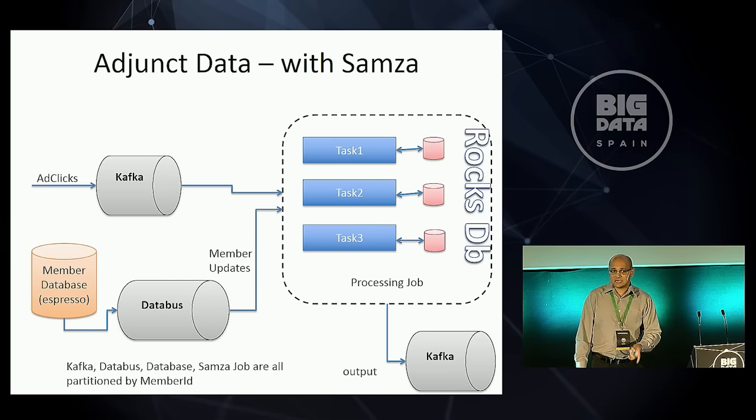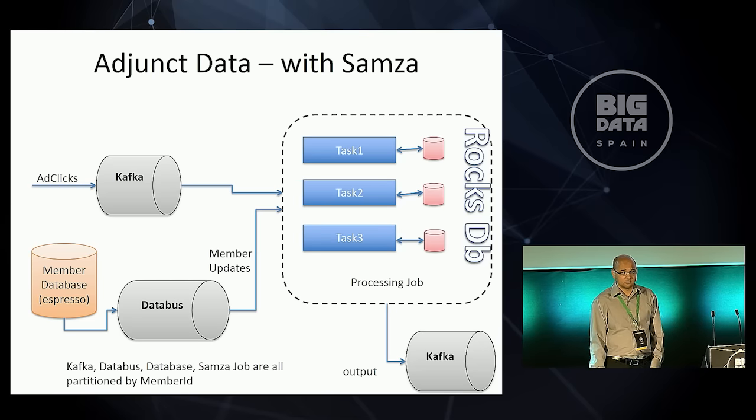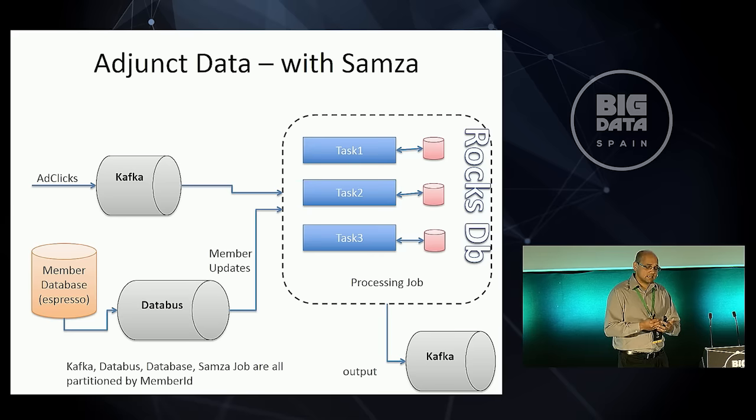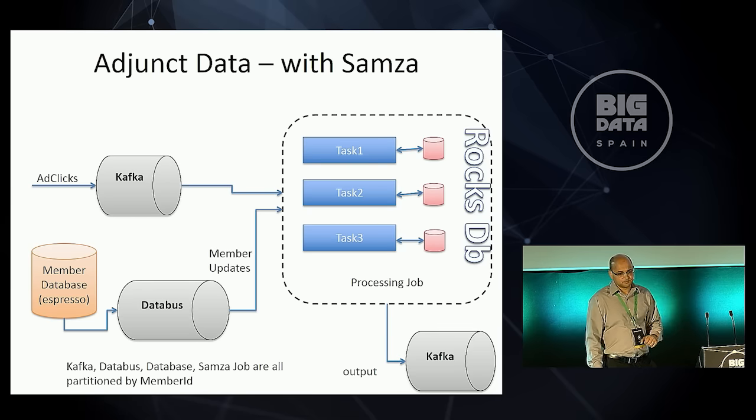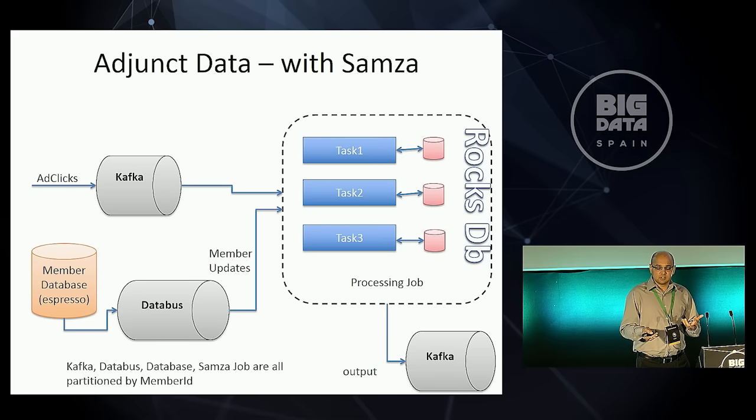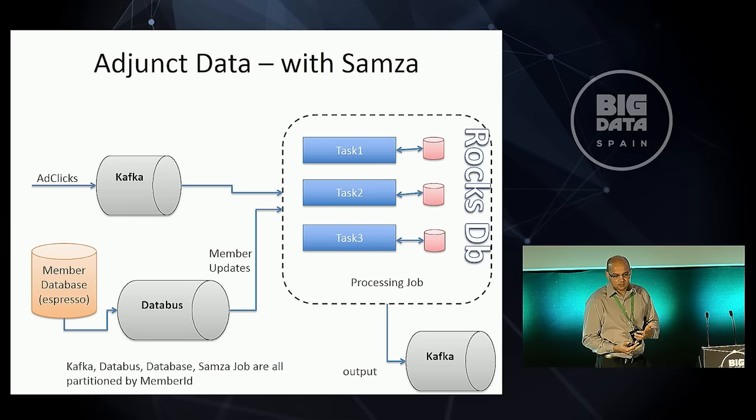By the way, note that the ad click stream, in our case, is partitioned by member ID. So every member in LinkedIn gets an ID, and the ad clicks are partitioned by the same ID. So the Samza job reads this, and in this particular case, looks up the member-specific information in a local database. We use an embedded local database called RocksDB.